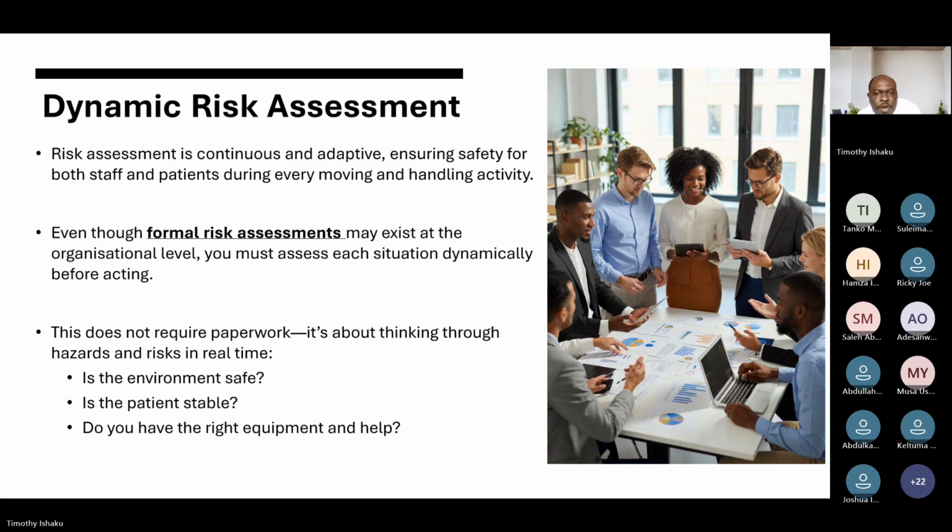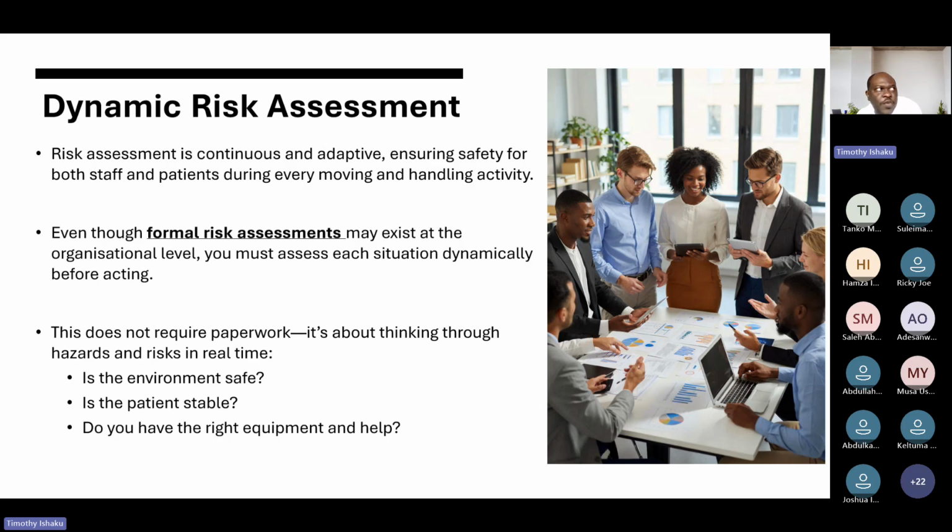The formal one is something organizations can take on board and push forward, and it's something we will be advocating in most settings in Nigeria, certainly. I'm aware we've been talking for almost 1 hour 30 minutes. I'll pause here. When we come back at some point, we will look at the dynamic risk assessment and how to go through it.